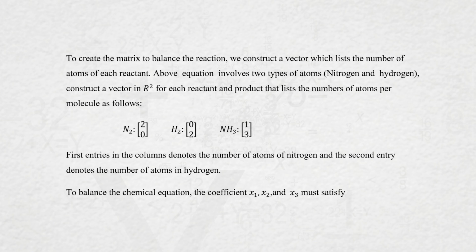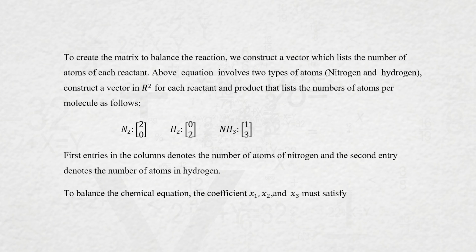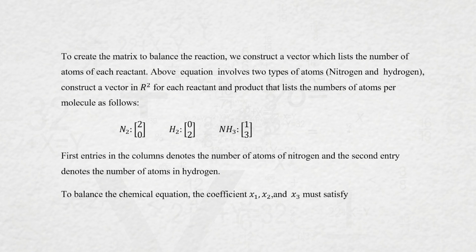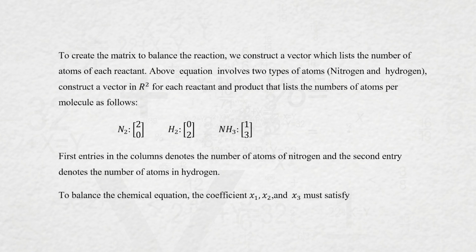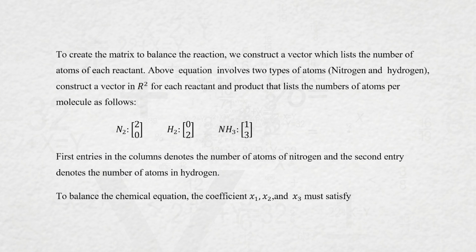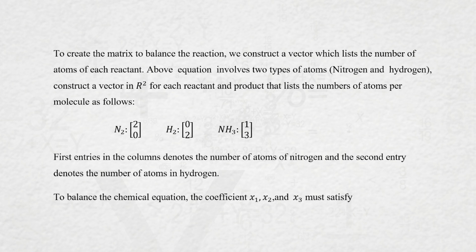To balance the reaction, we have to construct a vector which lists the number of atoms of each reactant. The above equation involves two types of atoms, nitrogen and hydrogen. So, construct a vector in R^2 for each reactant and product that lists the number of atoms per molecule.